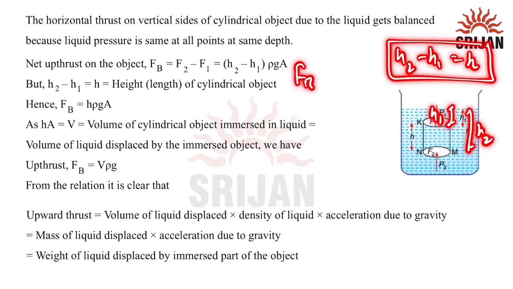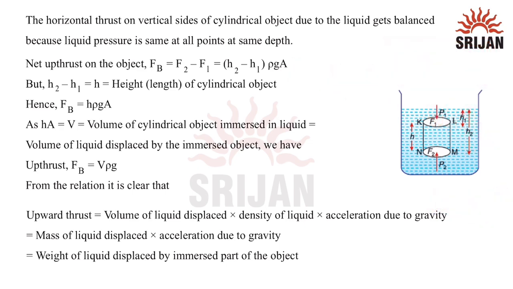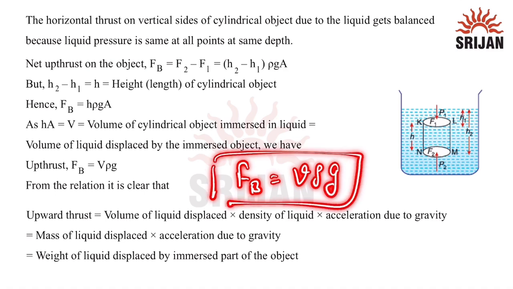So I can say the upthrust force is equal to h rho g area. Okay. Now I know that height into area is equal to the volume of the cylindrical object immersed in the liquid. Now it is equal to the volume of the liquid displaced by the immersed object. So I can say the upthrust force will be equal to volume into density into g, that is gravitational acceleration.